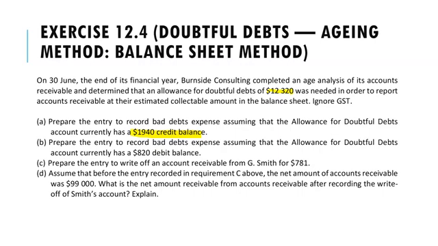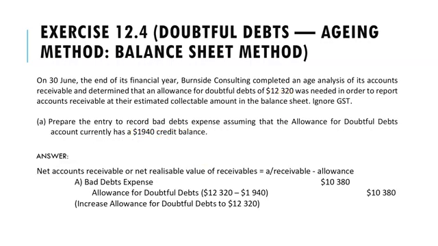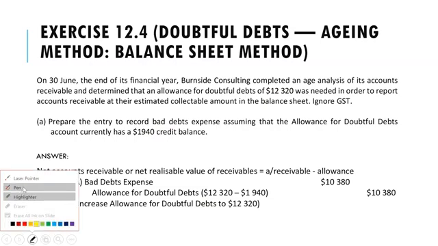Another example here is, what if the balance here is a debit balance? So how are we going to account for that? Okay, let me show you. For the first one, if the allowance is on credit balance, you need to provide an additional 10,380. Let me draw the T account for every one of you.